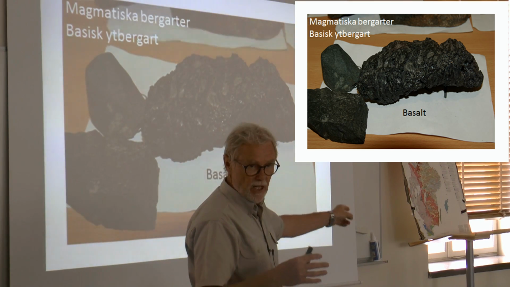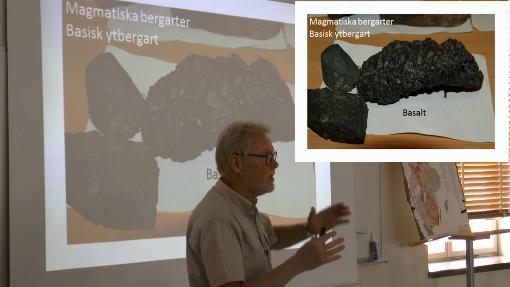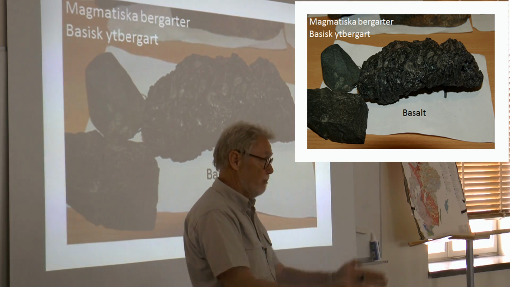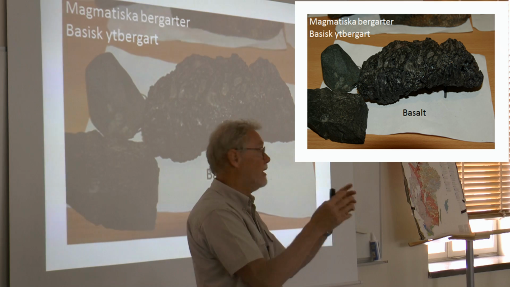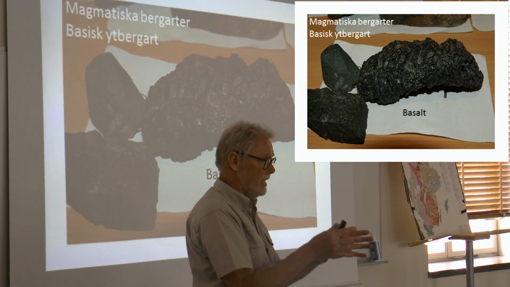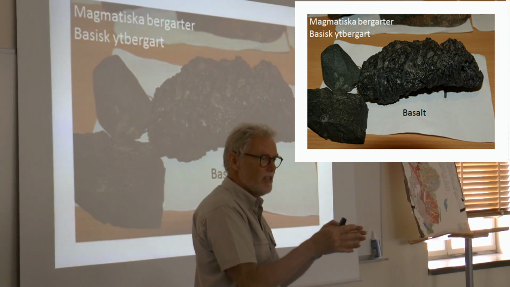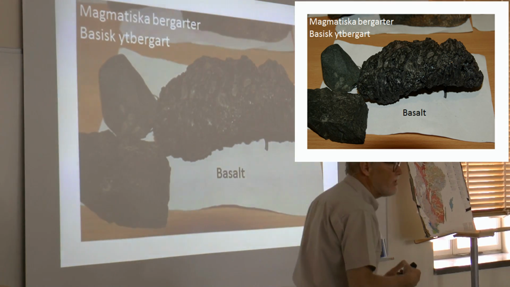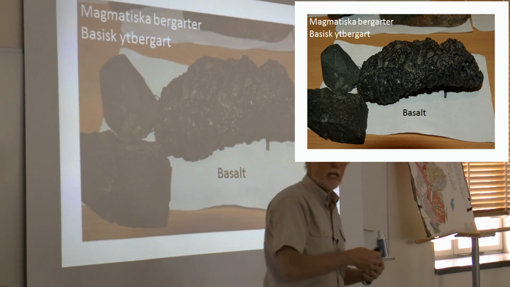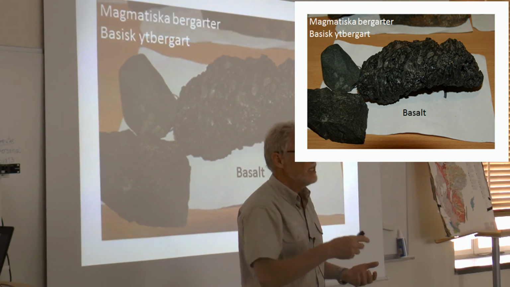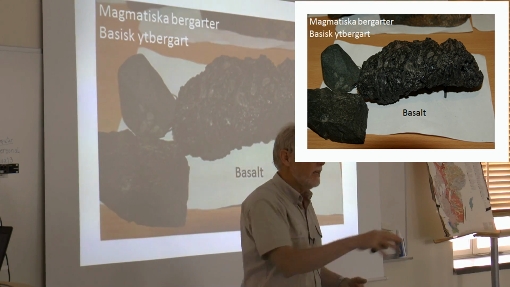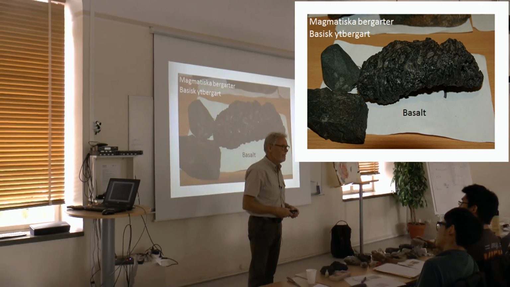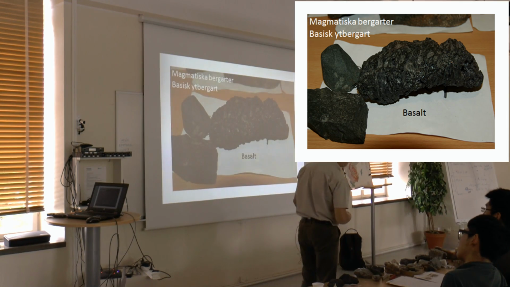We don't see the basalt, but we see the diabase, because when the basalt is coming up to the surface, it has to penetrate some fissures before, and we only see the fissures here in Sweden. But this is the same age. There was so much carbon dioxide out in the atmosphere that the temperature rose, and nearly every organism died about 200 million years ago.